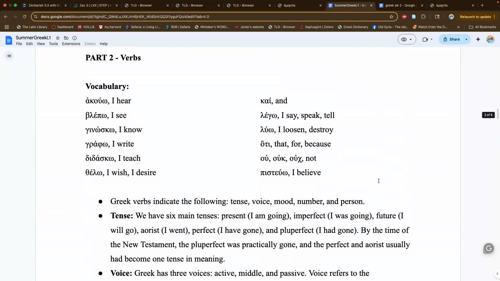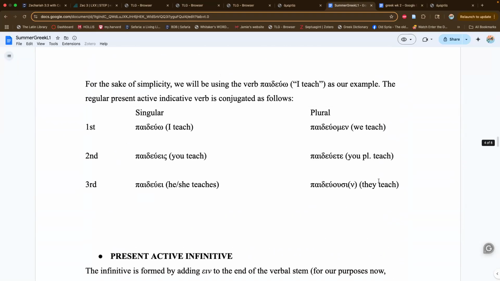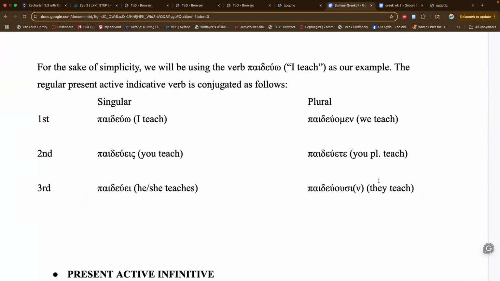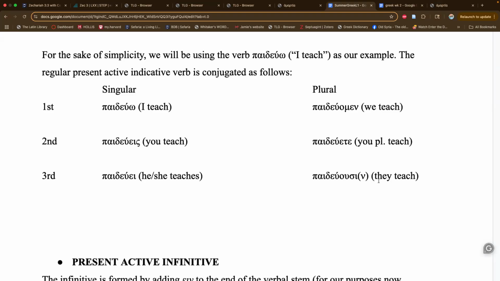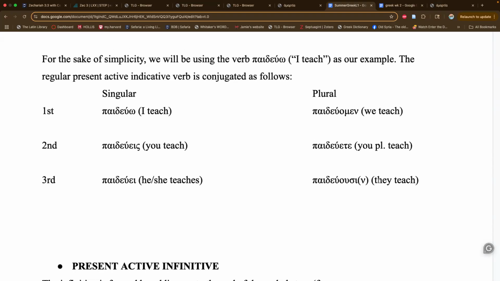Here, I'll stay silent. Why don't you give me the conjugation of lego? Lego, legeis, legei, legomen, legete, legousi. That was beautiful. One thing, the third singular is the A sound because it's the diphthong EI, so legei. But great.